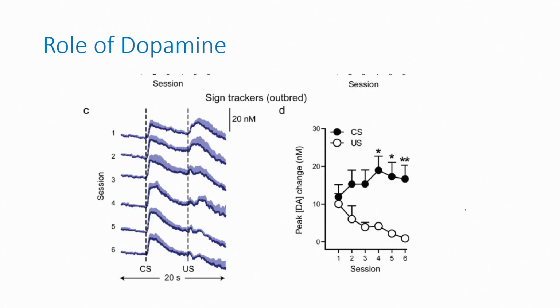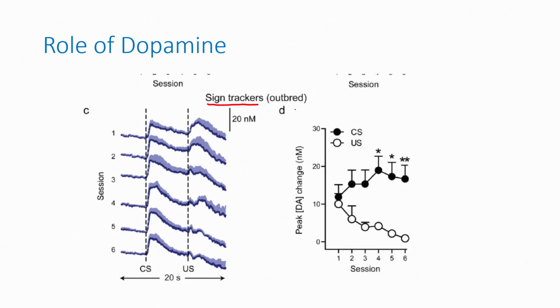You take a general population and then classify them into sign trackers versus goal trackers. How do you do that? You put them through this behavior that helps you to classify them into sign versus goal. Then go ahead and ask how are their dopamine responses, right. Please note it is sign trackers outbred.